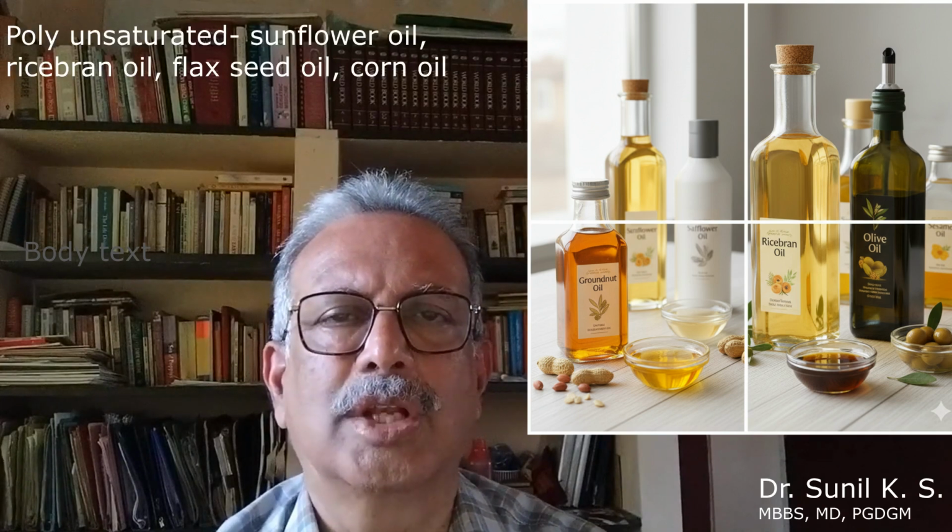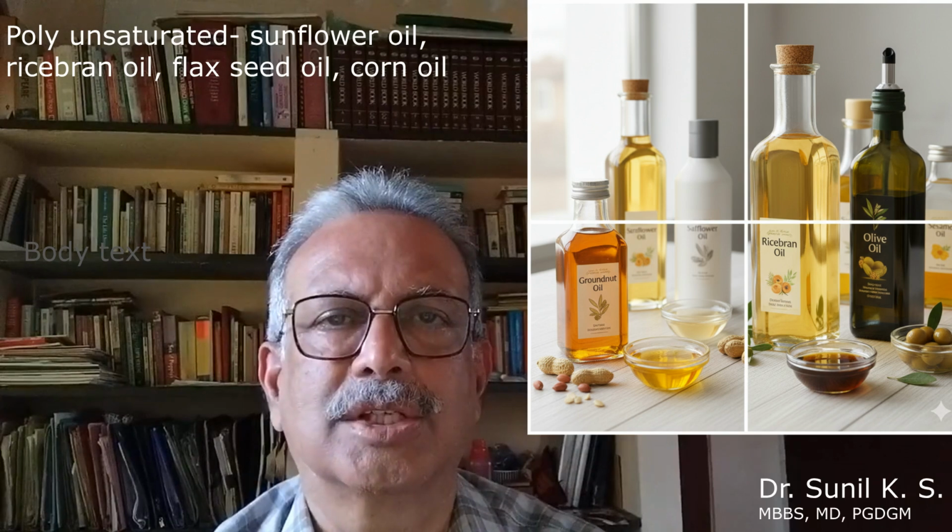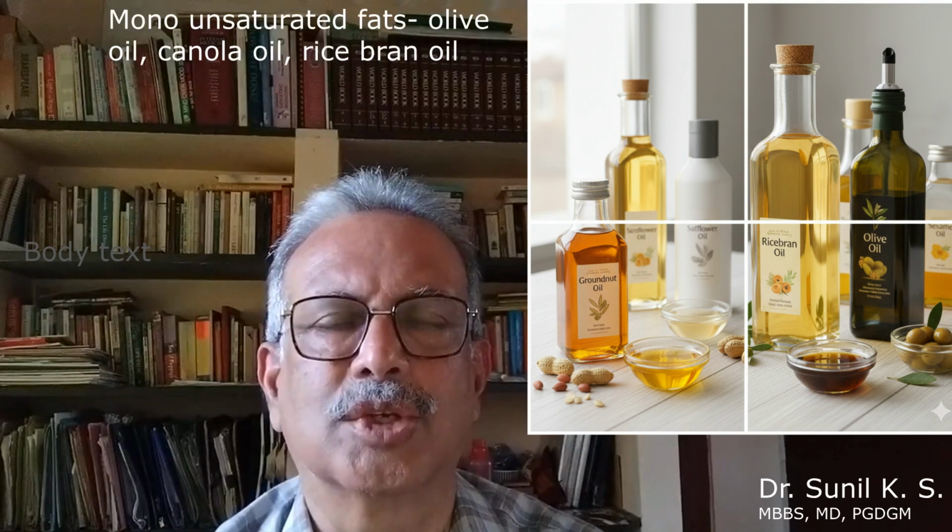The other source of fat are the oils that we consume, which are mostly obtained from vegetable sources like coconut oil, palm oil, and from various other nuts, etc. These oils are further subclassified as polyunsaturated, monounsaturated, and saturated.